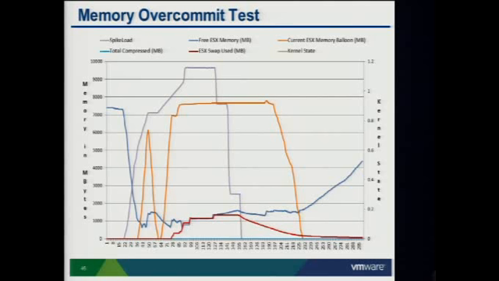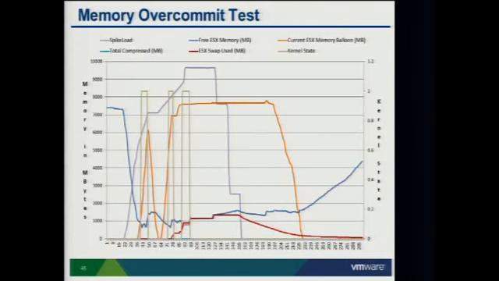Okay, so with that said, here is the kernel state. The kernel state goes from 0, which is high state, to 1, which in this case is low state. And we collect all the stats using esxtop in batch mode on a 6-second interval. We collect about 30 minutes, so about 300 samples.